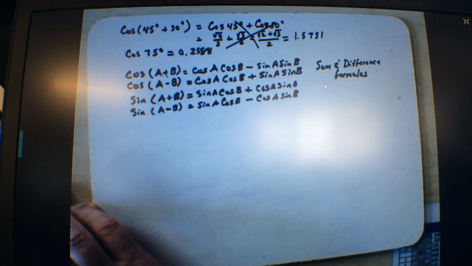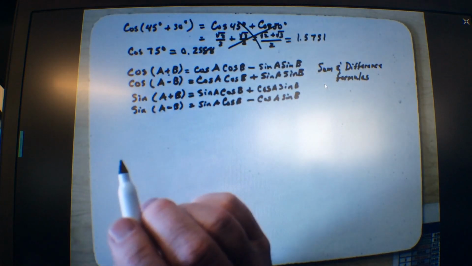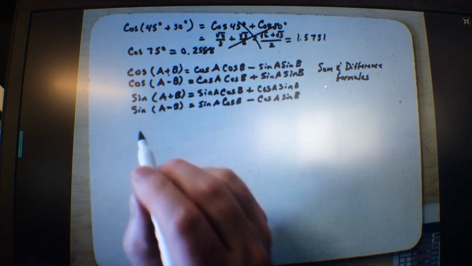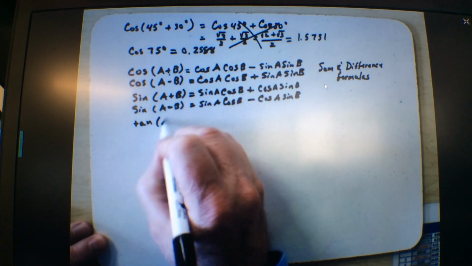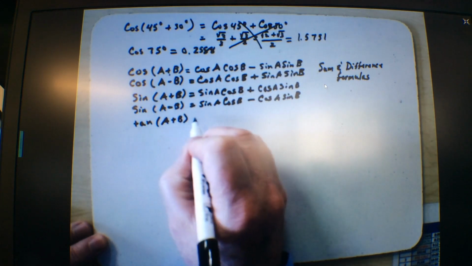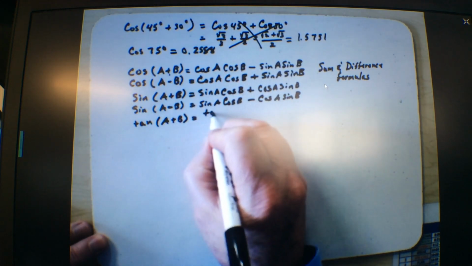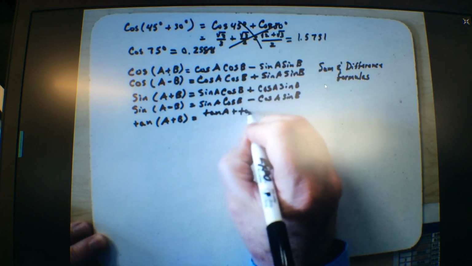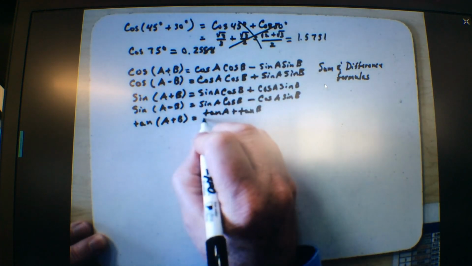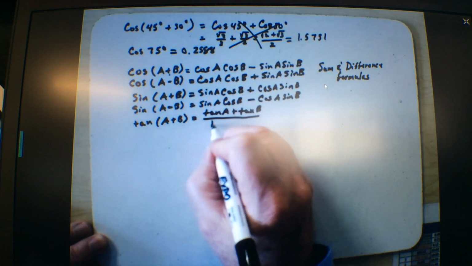And there's also two tangent ones, which you really wanted to know, right? That's great news. This is really where the tangent of A plus the tangent of B, and these are fractions, so we want to avoid using these if we can.